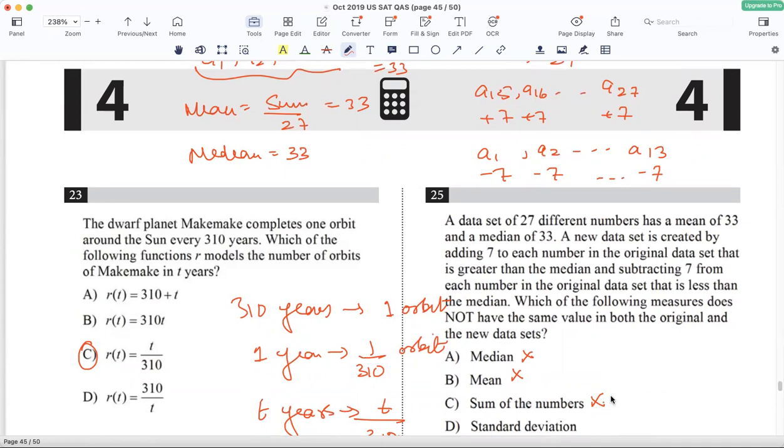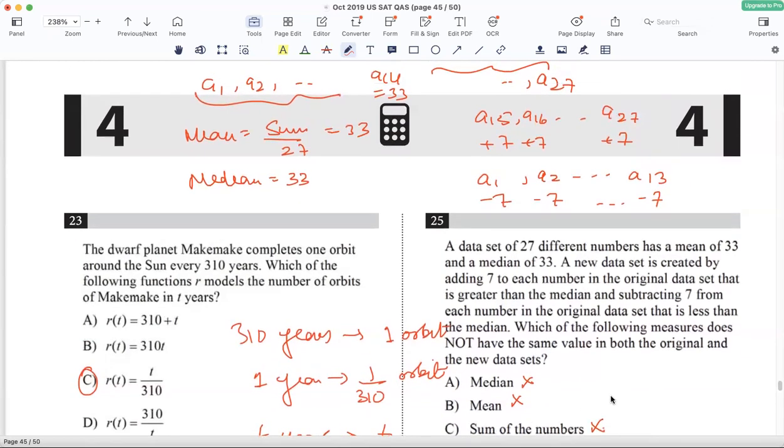The standard deviation will change, right? Because what was happening here was, let's say this was my A14 and this was 33, and then let's say A13 was 32, A15 was 34.